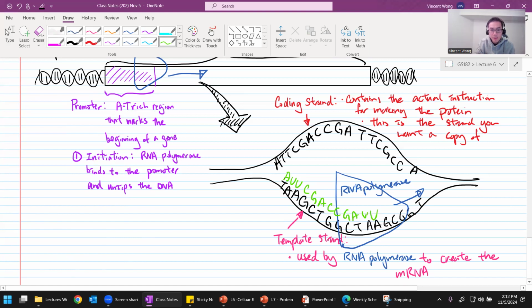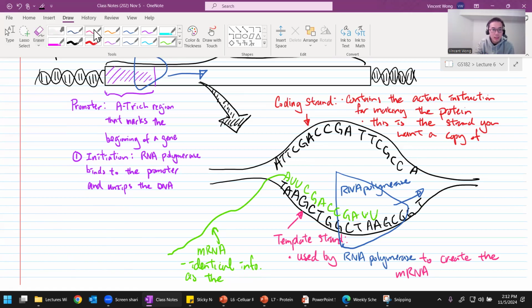And let's say this has been going on for some time, then you're going to have a long strand here. So this is the messenger RNA, the copy. It's identical. Identical info as the coding strand.